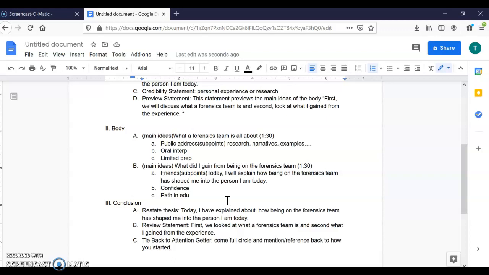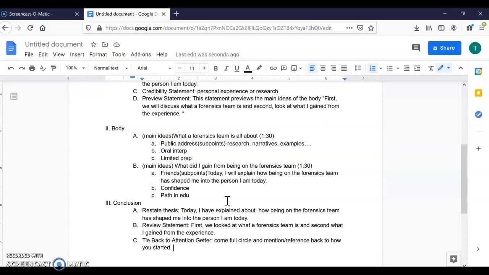I might say, to tie back, remember at the beginning of the speech when I asked you about being involved in extracurricular activity, and some of you mentioned wrestling, some band, some chorus. Well, as you know, for me, it was being on the forensics team. So I hope for those of you that raised your hand and were kind enough to participate, your experience, whatever your activity was, was just as meaningful for you as it was for me. The end.